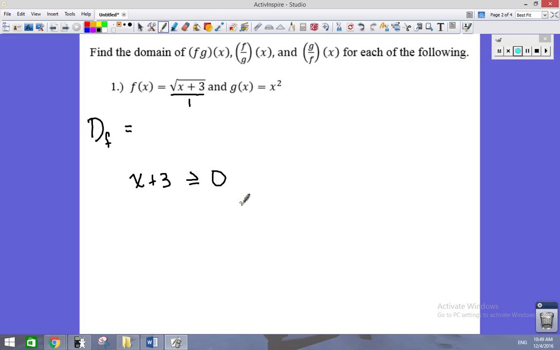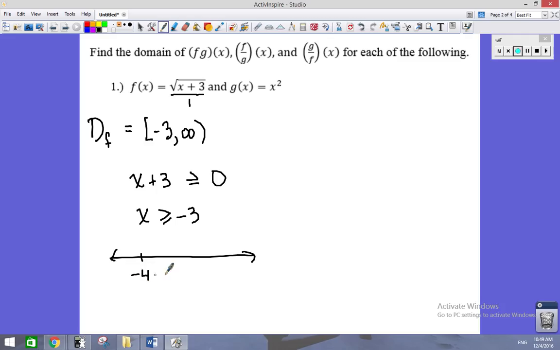So the values of x that I can plug into this function in order to get an output, and in fact it'll be exactly one output for this function, are values of x that are bigger than or equal to negative 3. If we write that in interval notation, let's draw a picture here.